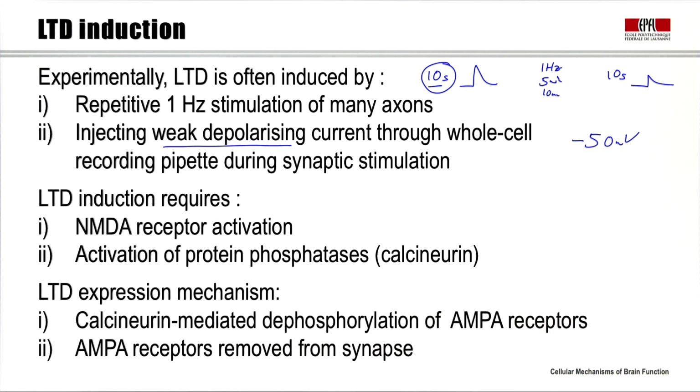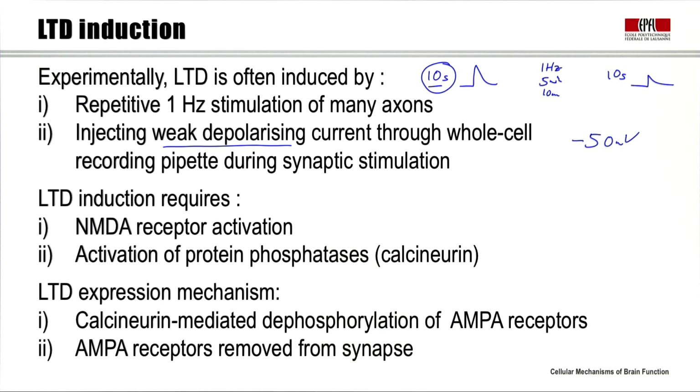A sort of an intermediate situation where one might expect some degree of unblock of the NMDA receptors, but nowhere near as big an unblock of the NMDA receptor as you'd get at 0 millivolts. And so the NMDA receptors are presumably partially activated, and indeed many forms of long-term depression require NMDA receptor activation, but it's at a smaller scale than for inducing long-term potentiation.